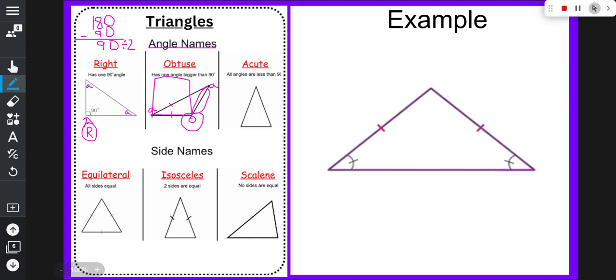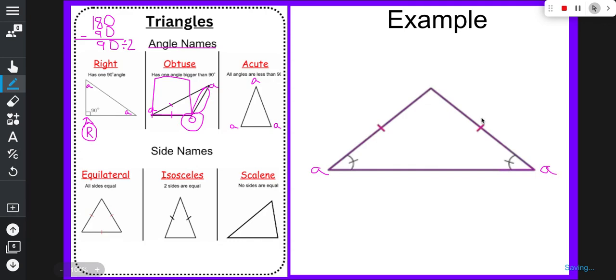An acute triangle is the only one that's going to have all three angles that say acute. If all three angles say acute, then it must be acute. So if we take a look at our example over here, we're going to start by giving it its first name. This angle right here is acute, and this angle is acute.